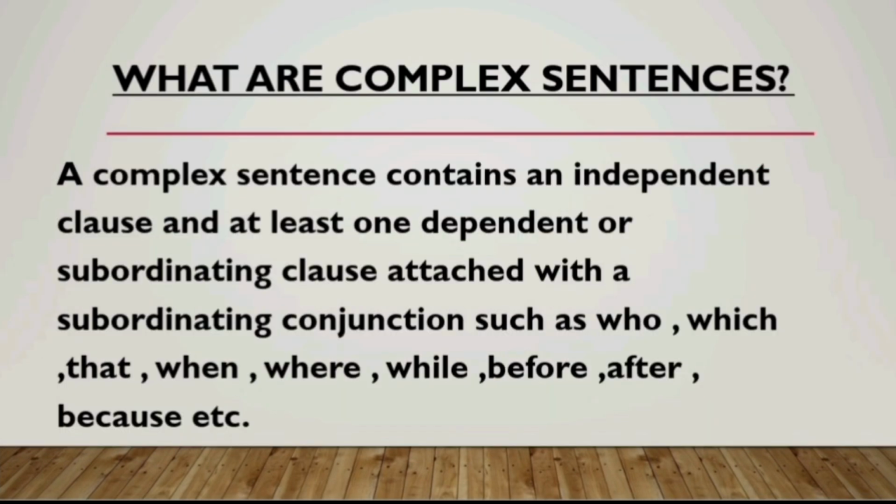What are complex sentences? A complex sentence contains an independent clause and at least one dependent or subordinating clause attached with a subordinating conjunction such as who, which, that, when, where, while, before, after, because, etc. Now, the definition of a complex sentence says that it contains an independent clause.